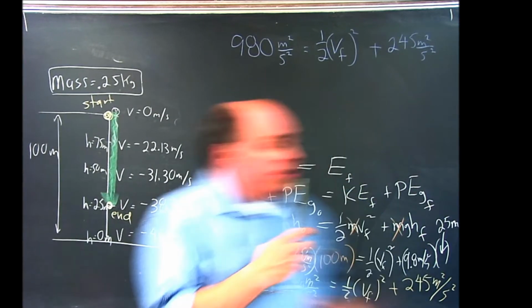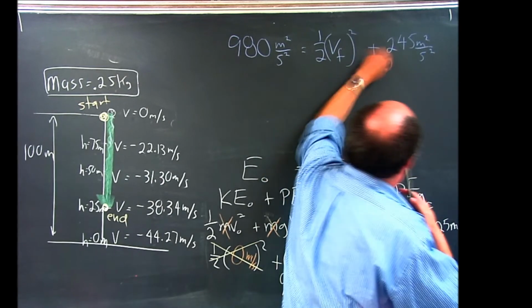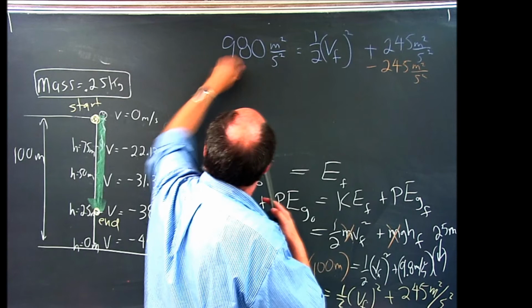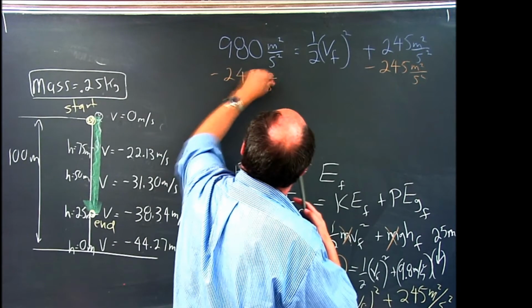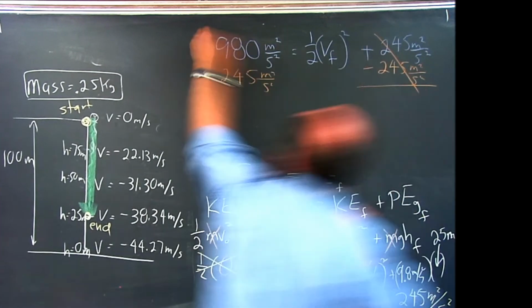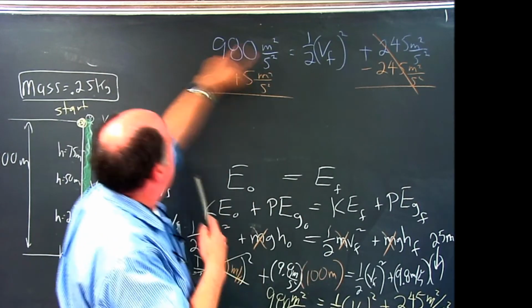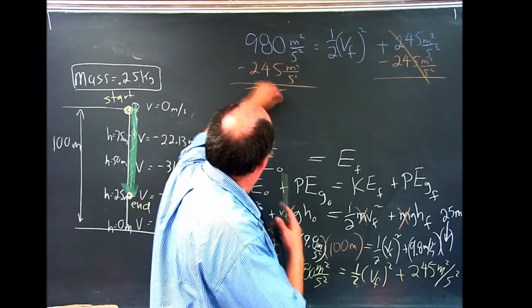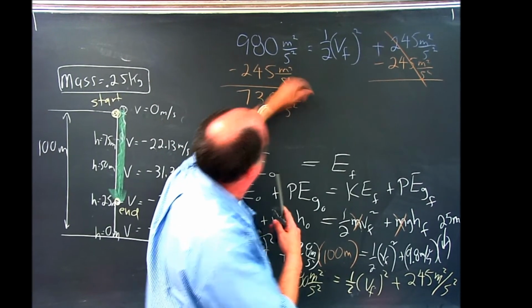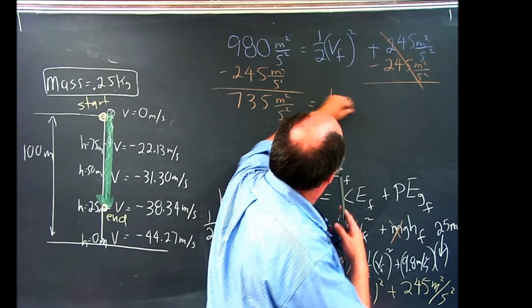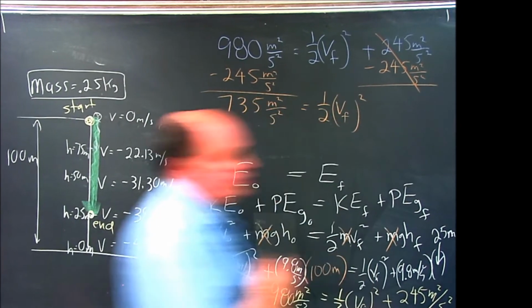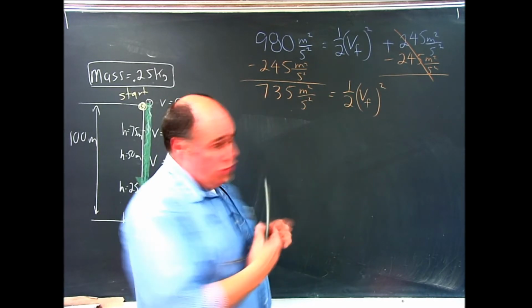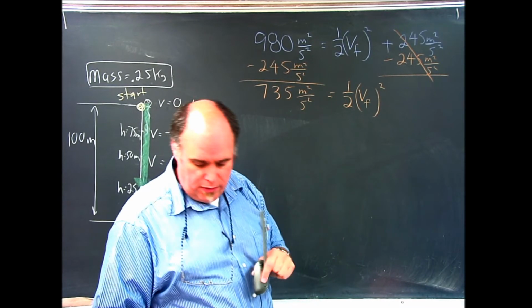If I simplify that, I will subtract 245 from both sides. That's gone. And if I take this 980 minus 245, this becomes 735 meters squared per second squared, and that equals 1/2 V final, which is squared. Now I will multiply both sides by 2 to get rid of the 2 in the denominator here.